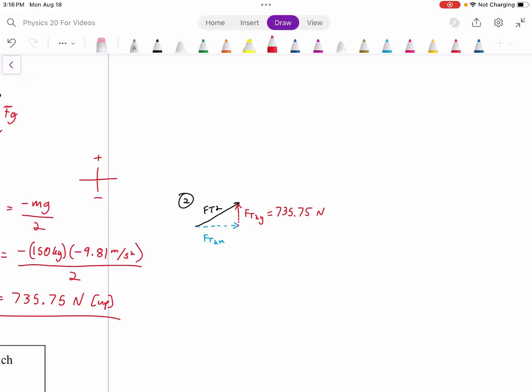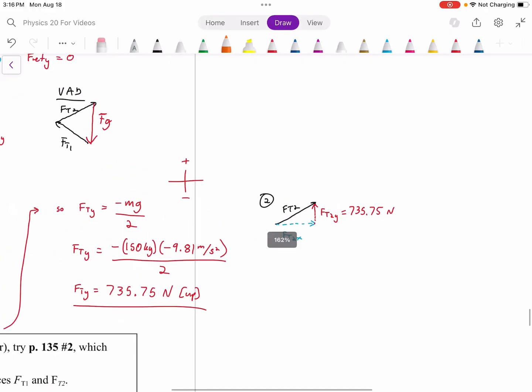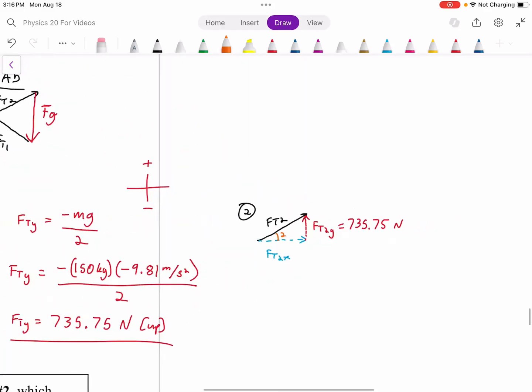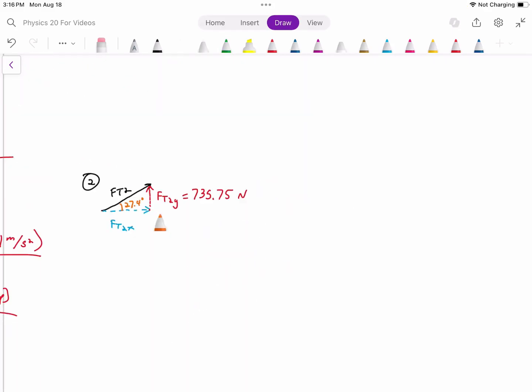I'll use tension 2 for my little diagram here, but it'll be the same for tension 1, just in a different direction, okay? We know that side is 735. We know this angle is 27.4 degrees. So how can we get the tension itself? Well, that's hypotenuse. We have opposite. So opposite, hypotenuse, we can use sine here. Opposite over hypotenuse.